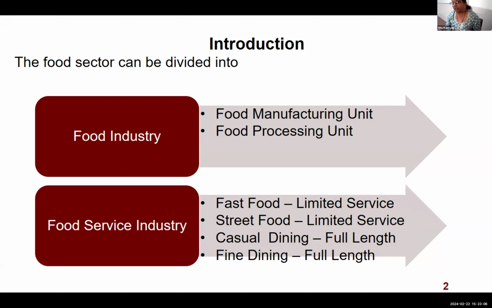Categorically, the food sector can be divided into two groups: the food industry, comprising food manufacturing units and food processing units, and the food service industry, which includes fast food, street food, casual dining, and fine dining.